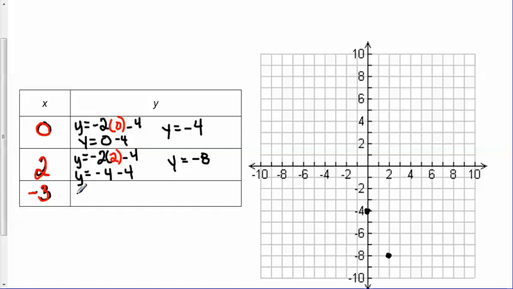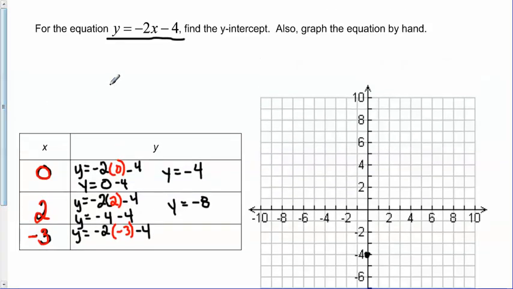And what y goes along with that? Well, let's find out. Y equals negative 2 times x. So my x value is negative 3. And then I'm going to subtract 4. You might be saying, wait, where are those numbers coming from? Remember, that's all coming from this equation right here. So that's all I did here is I just put in my value for x. So I chose negative 3.